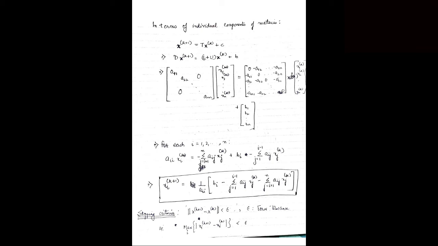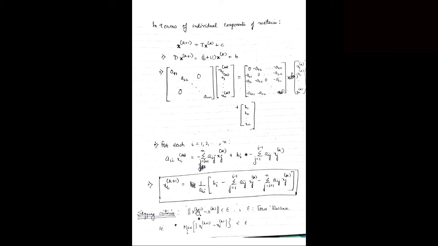So how can I calculate the difference between the approximate solution and the exact solution, if it is not given to me? For that, the stopping criterion has been transformed from absolute error less than error tolerance to this criterion stated over here. What I ultimately want is the difference between my latest approximation of x and the previous approximation of x, in terms of components, given that x is a vector.